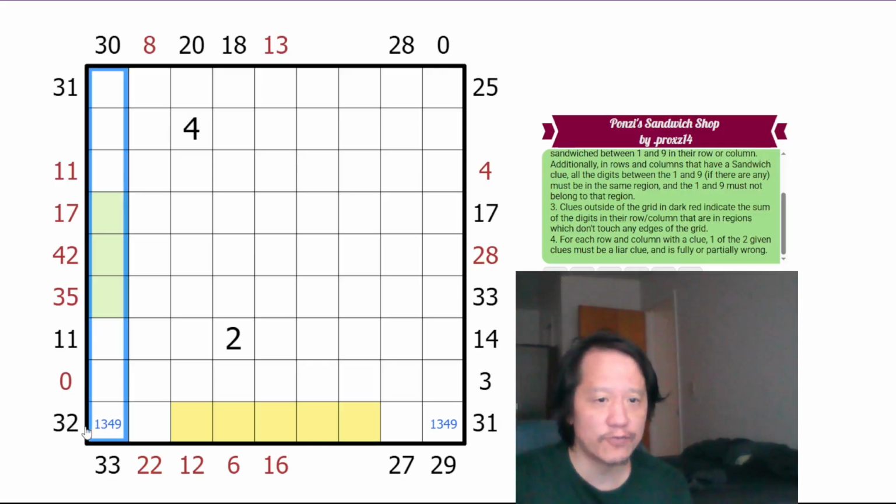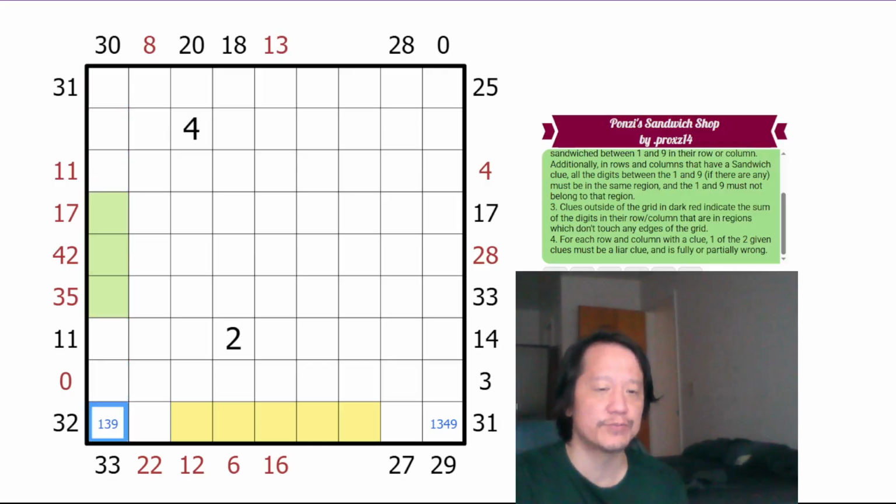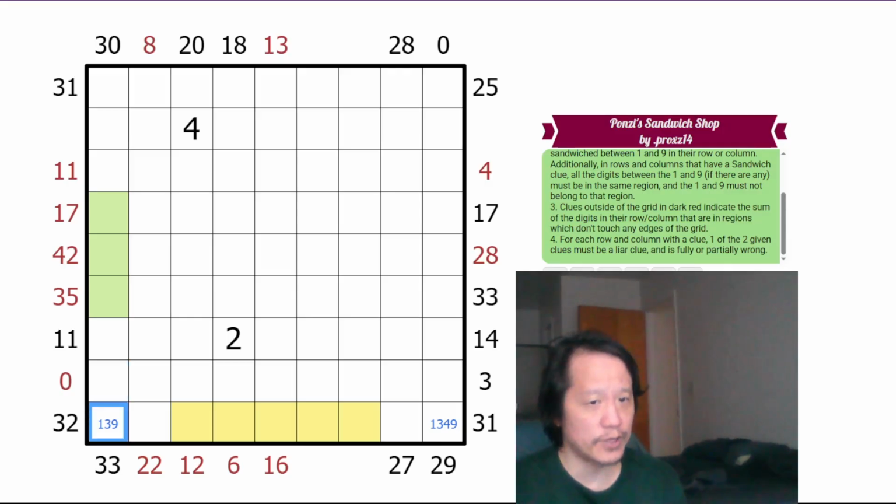So this can never be a 4 here. This is 1, 3, or 9. But you could have a 3 here. So you could have 3 outside and then 1, 9, and then 1, 9 here, 1, 9 here, and then potentially 2 or something along those lines.